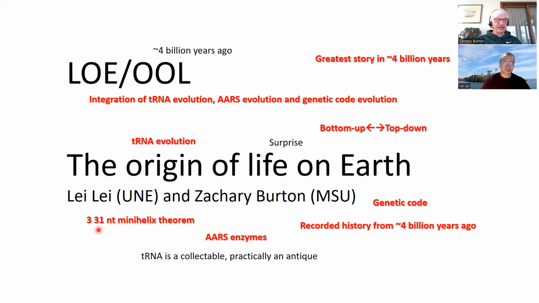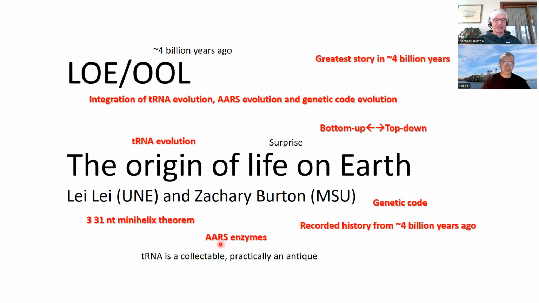We'll present the 331 nucleotide mini-helix theorem. This is a theorem and not a model or a hypothesis because it's a proven hypothesis. Everything about this is completely correct with only a few minor ambiguities, which I'll point out.